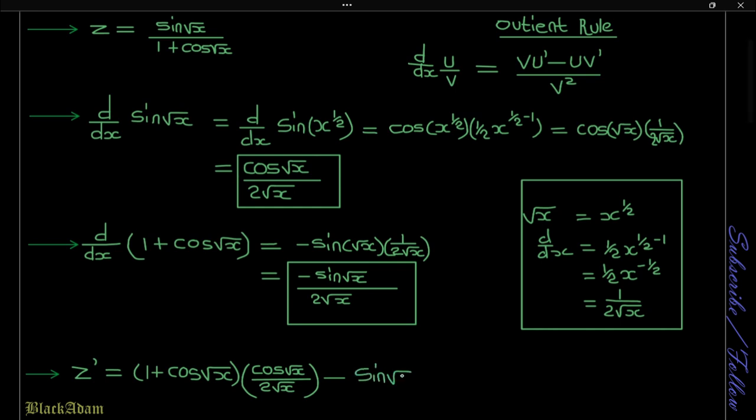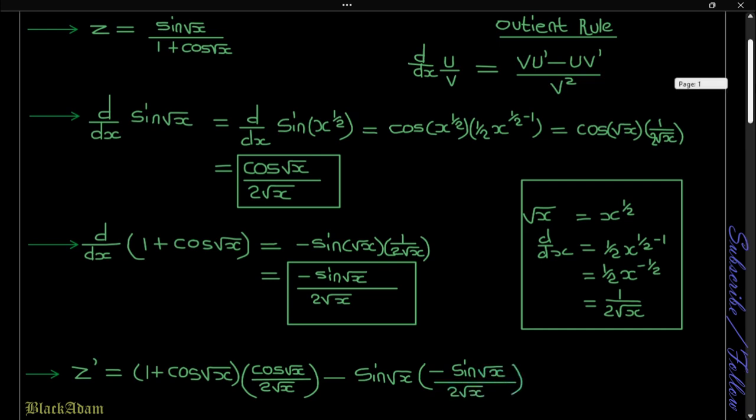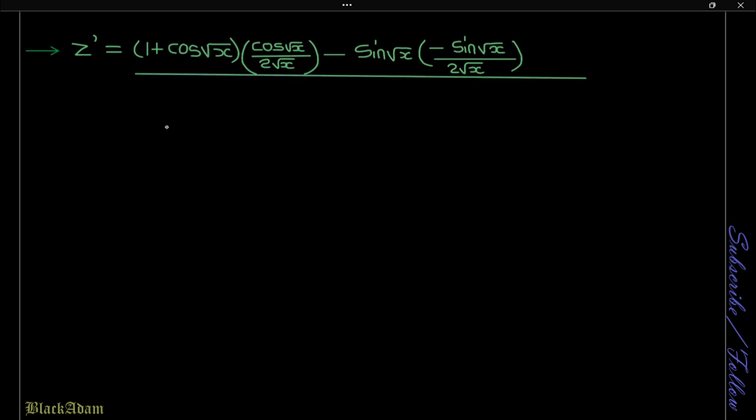U is sine root x, all that multiplied by the derivative of v, the denominator, that's minus sine root x over 2 root x. And then all that divided by 1 plus cos root x squared.